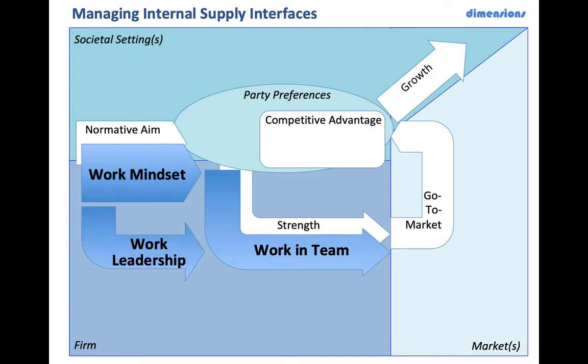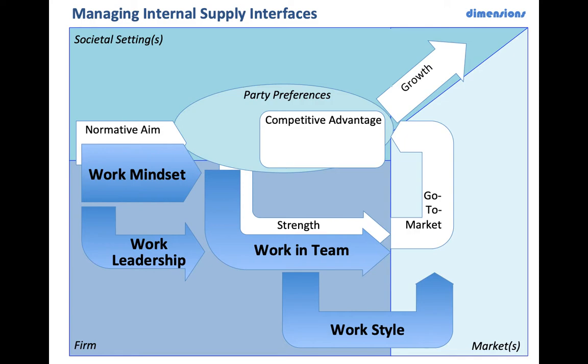Work leadership translates the implicit work mindset, which has attracted employees to the firm, into the explicit communication and behavior in the team, thereby linking the daily work to societal benefits. Work in team is the actual performance of the work as shared out in the team in order to realize the strength of the firm.